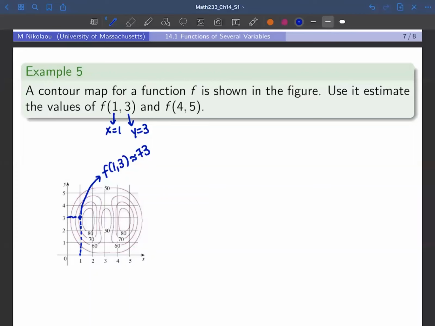And let's also find the value of the function where x is equal to 4 and y equals 5. In this case, let's denote that with another color. So we have x equals 4, which goes up until y equals 5. So this point is between the two level curves of 60 and 50.